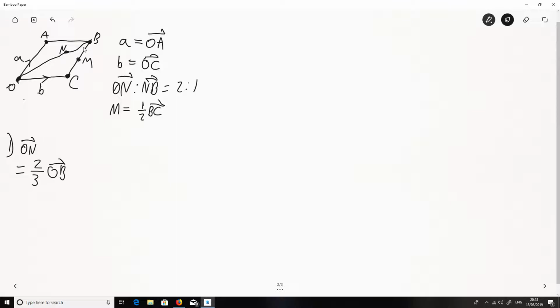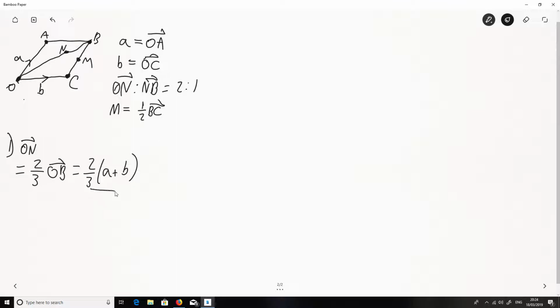Now OB we can make up: O to A, which is the vector A, and then A to B, which is the vector B. So the distance OB in total is A plus B. So ON is equal to 2/3 (A plus B).